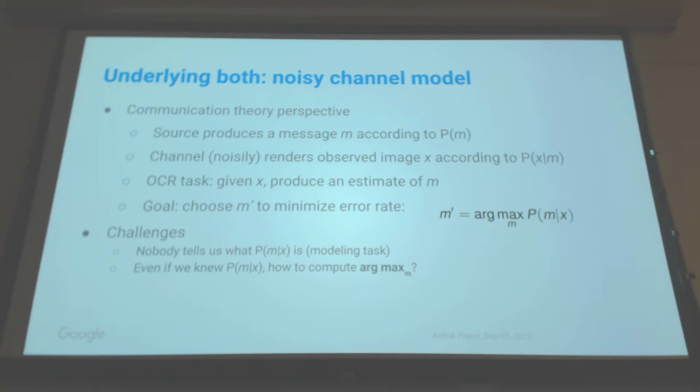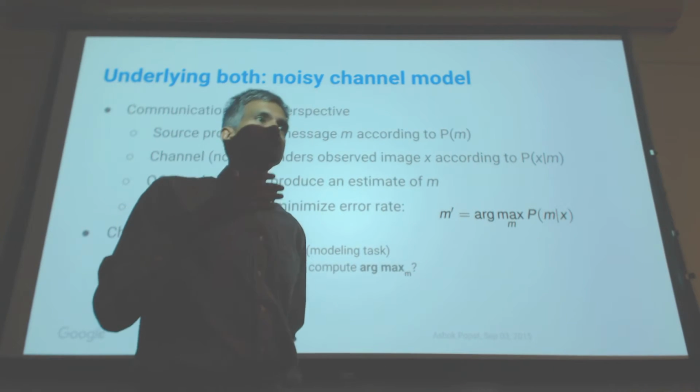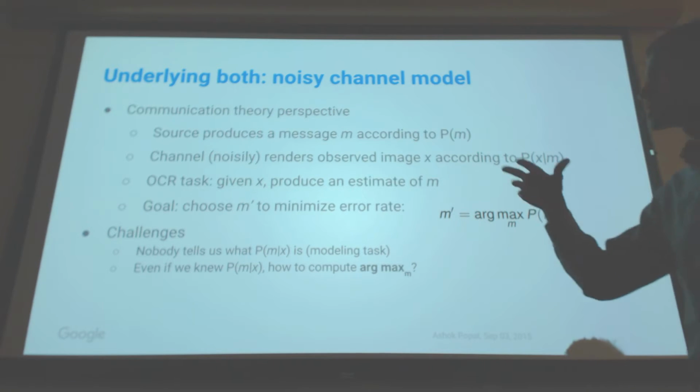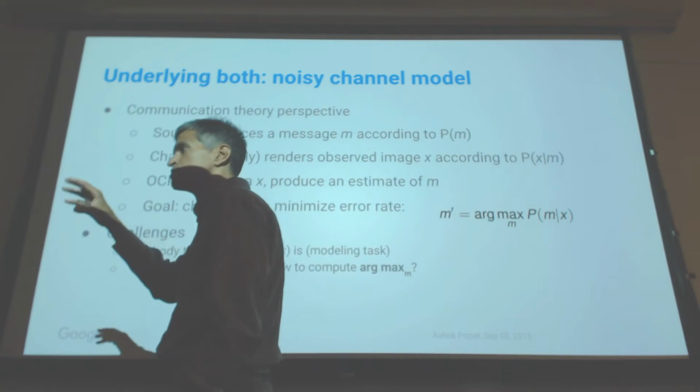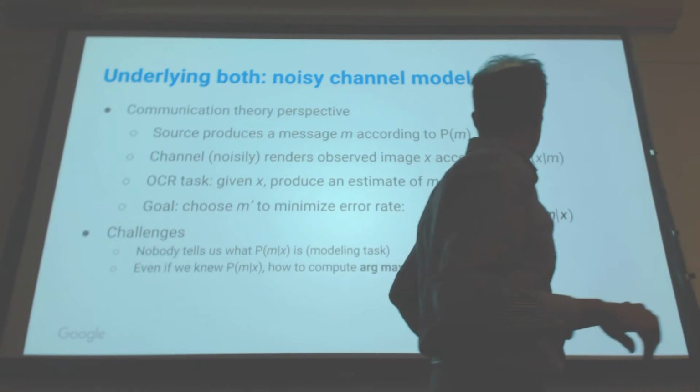Our ideal message is a Unicode sequence. And the channel, which in this case consists of the cascade of typesetting, sitting on a library shelf for years and getting yellow, somebody spilling coffee on it, and then scanning it in at some resolution, maybe with some distortion, renders some observed image X.